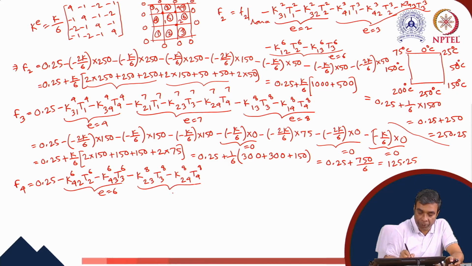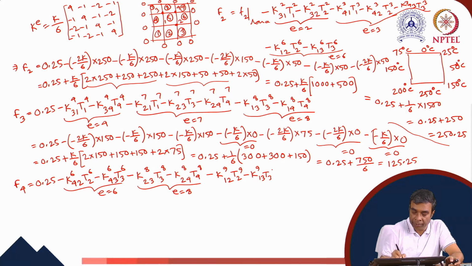This is contributed by E equals to 8 and final contribution comes from E equals to 9, for which I equals to 1 and B equals to 2, 3 and 4 and E equals to 9. So K129 T29 minus K139 T39 minus K149 T49.